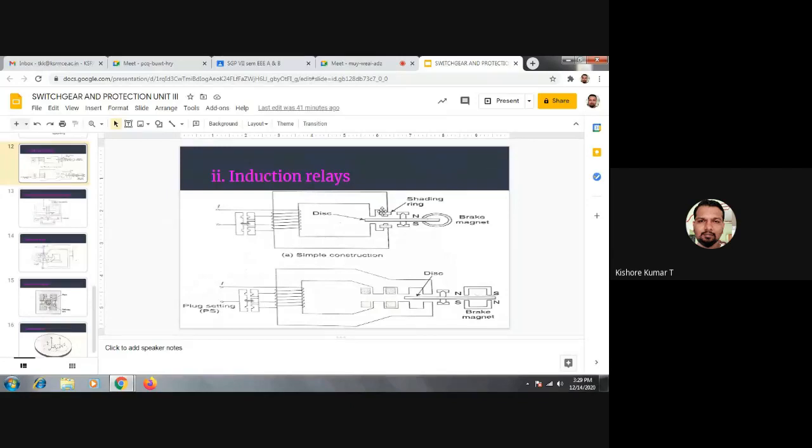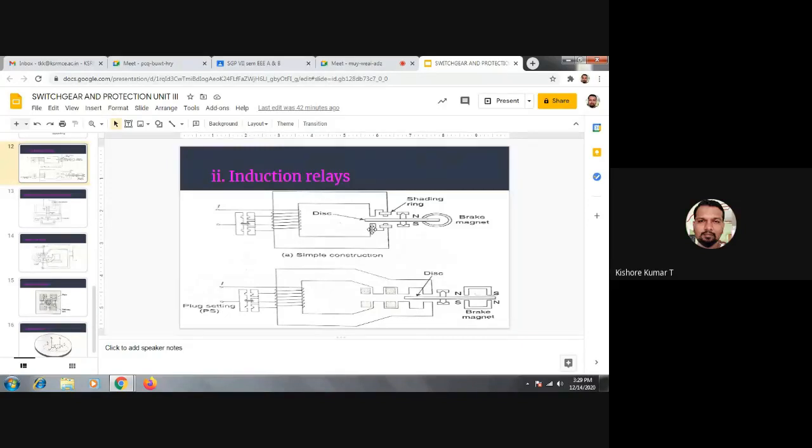Whenever a magnetic field is set up by this relay core, an EMF will get induced in this disk, due to which a torque will be set up on the disk, and due to the torque the disk tends to rotate. So this is the side view, you can imagine. In olden days, there were induction type energy meters you might have observed, or you might have seen in our electrical measurements lab, calibration of energy meter.